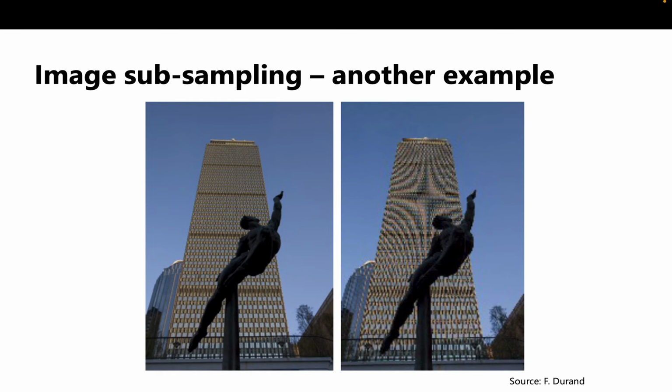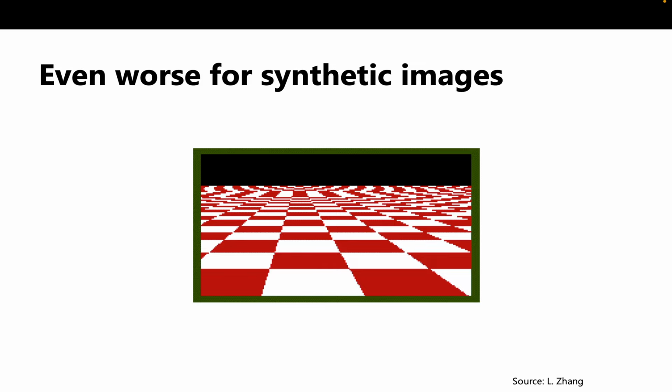And this is another example. The left image is the original image, the right image is the subsampled image. You can see the building has a lot of blurring effect, or what we call aliasing. And this is even worse for the synthetic image.